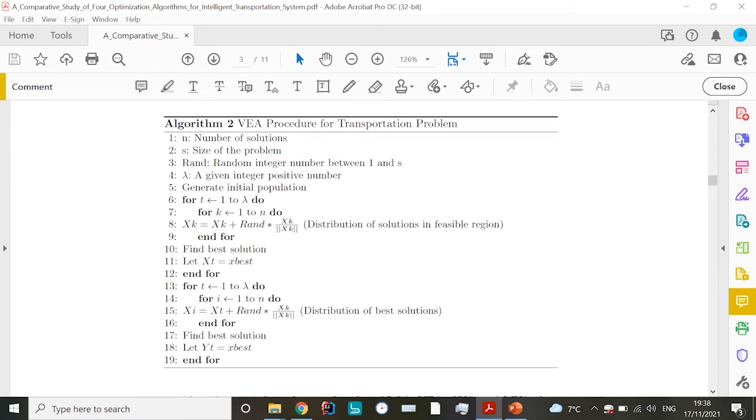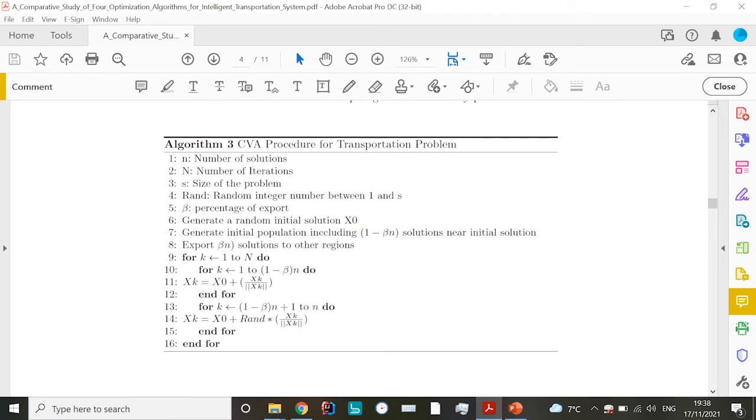Again, we have converted from the continuous version to discrete, because as you know, the transportation problem is a network optimization problem, so discrete anyway. And the next one is CVA, or COVID optimizer, which has been proposed just for the transportation problem.